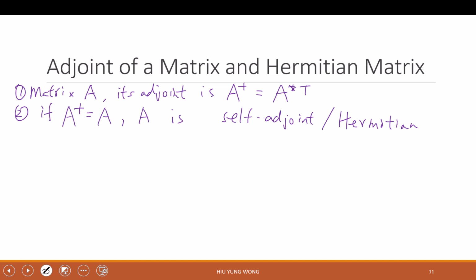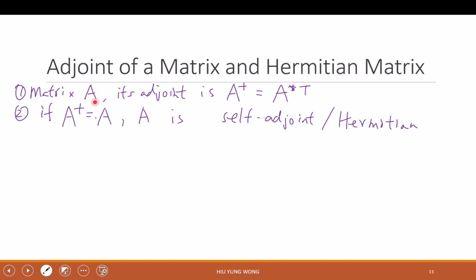Since all measurements must have a real value, you measure the speed of a car, it's real. You cannot say negative i. So all the operators corresponding to measurement must be Hermitian. We'll do that again. But the main point is now you need to memorize this.